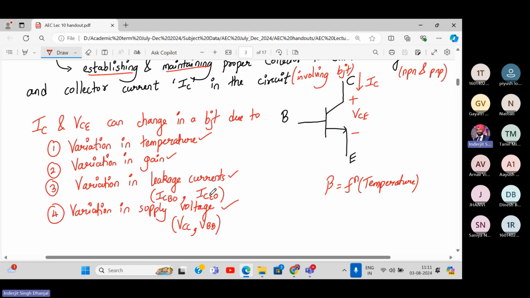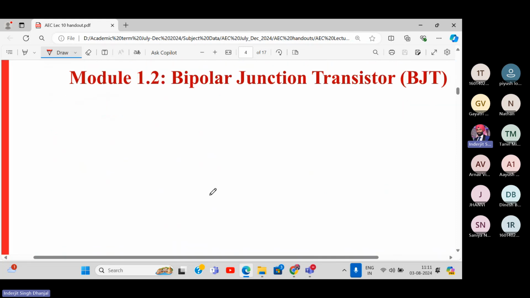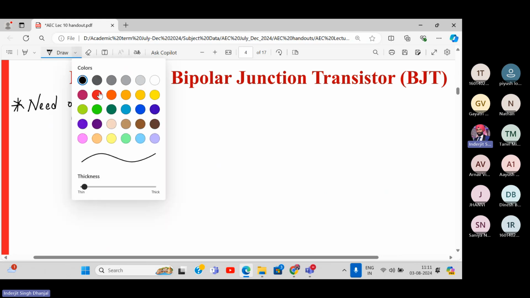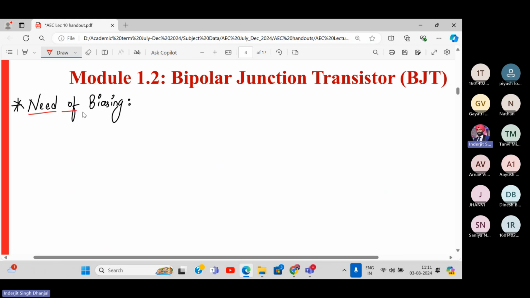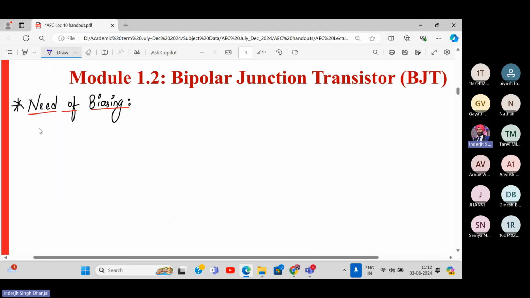Okay. So now let's see what is the need of biasing. Now understand why we are studying this topic. So write down, next concept is need of biasing. All right. So the very first need of biasing will be, let's recap it. First, we require a particular value of IC for a transistor.